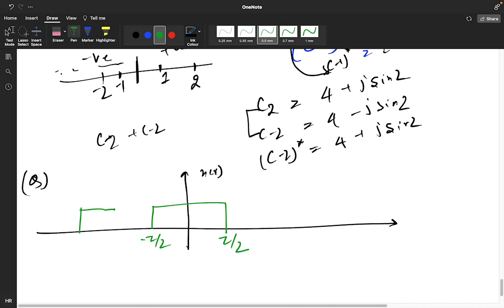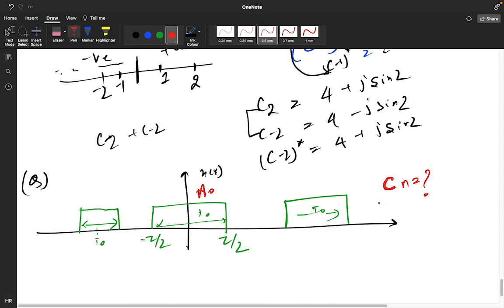Then again the same thing is coming. This is your t naught part, this is your t naught part, the same thing is coming, and the value of this is your a naught. And they are asking for the Cn. What is Cn?